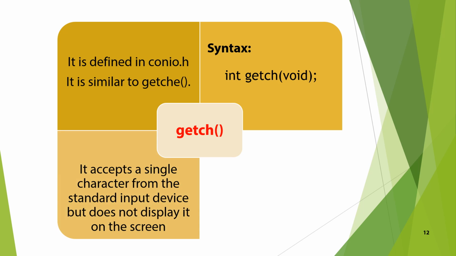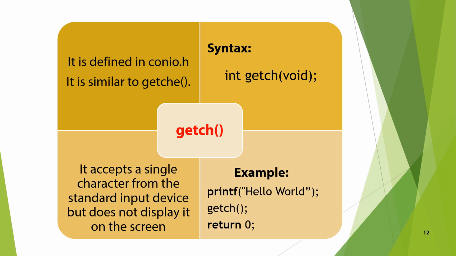This function accepts a single character from the standard input device, but it does not display that character on the screen. That is the role of the getch function. For example, we print hello world using the printf function and then write getch. The getch function will wait for a character to be pressed by the user, and then that character will be stored.